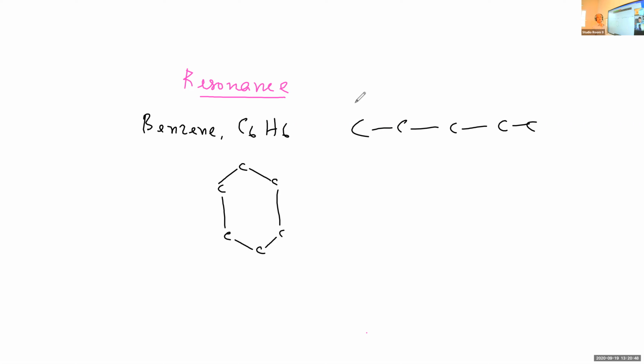6 carbon atoms. And on each carbon, there will be one hydrogen atom. Remember this structure? You have studied it in the 10th standard. Now, C6H6, the molecular formula is over. That is right. But what about the valency?